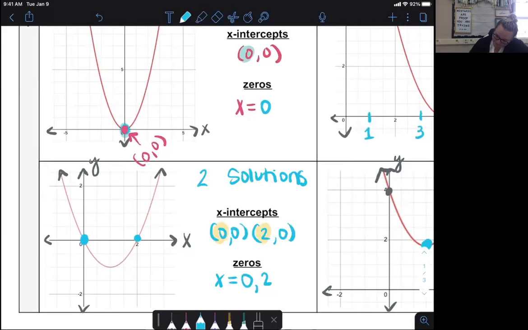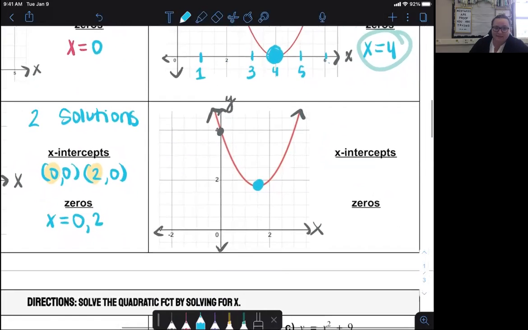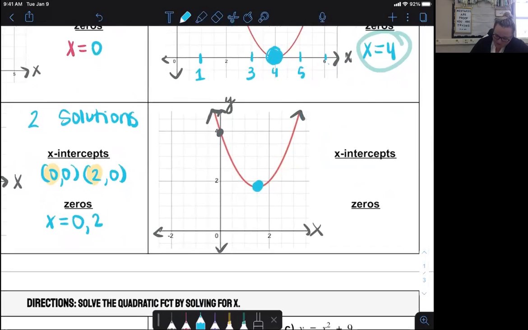All right. What about this last example? Here's our x-axis down here. Well, technically, this graph doesn't have any x-intercepts on the real number plane. However, it does have x-intercepts that are imaginary. We're actually going to talk about imaginary x-intercepts more in Unit 4 at the start of next semester.